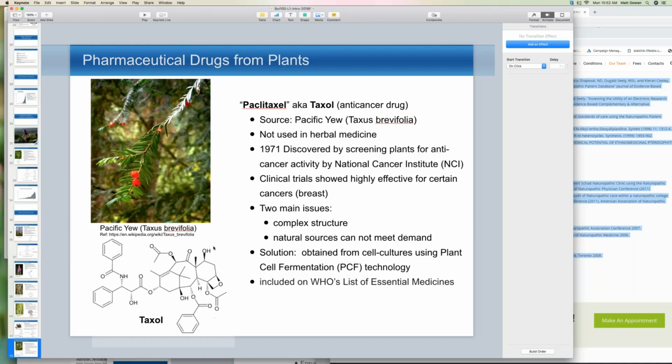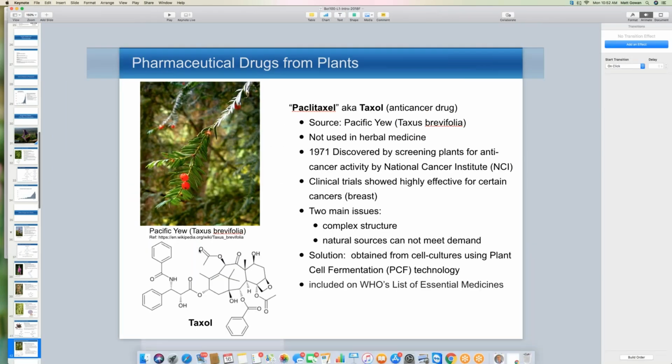I'm going to exit. This is an important drug, and the challenge that researchers and the medical profession were having is that they knew Taxol was an effective anti-cancer drug and could help a lot of people. The way they discovered it was they were just screening random plants for anti-cancer properties, and they found that the Pacific yew contained this compound called Taxol, and I have no idea why the plant was making it itself.